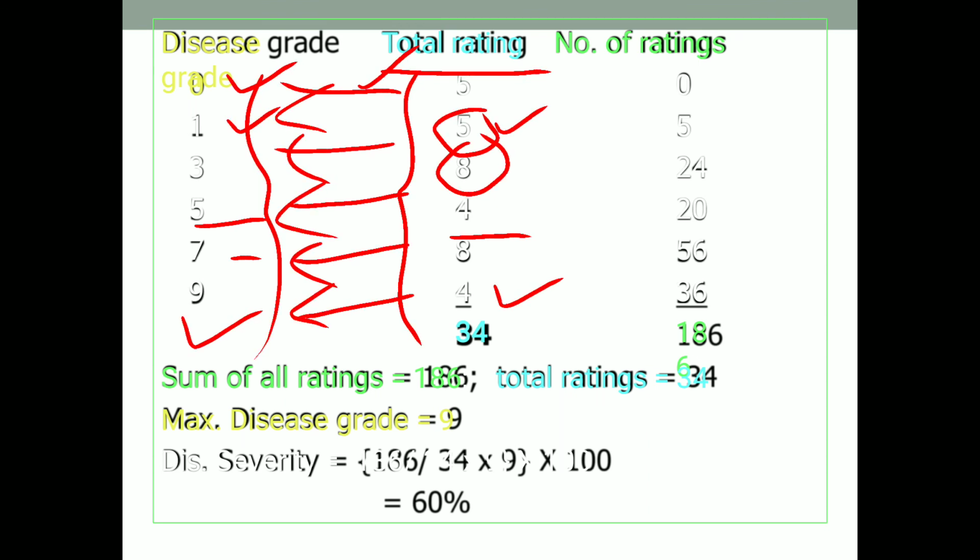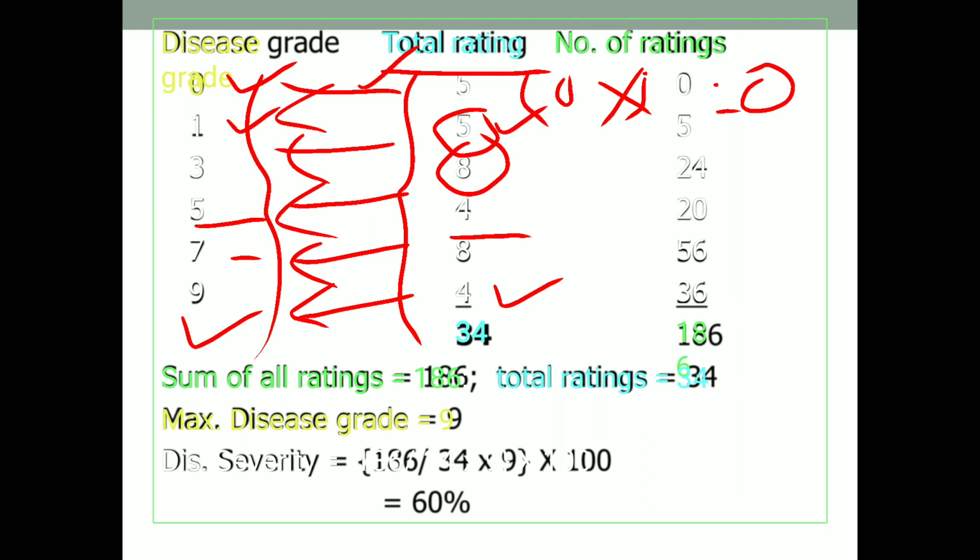Then we just have to multiply the disease grade into the total rating, if you want to know the number of ratings. So 0 into 5 gives 0.